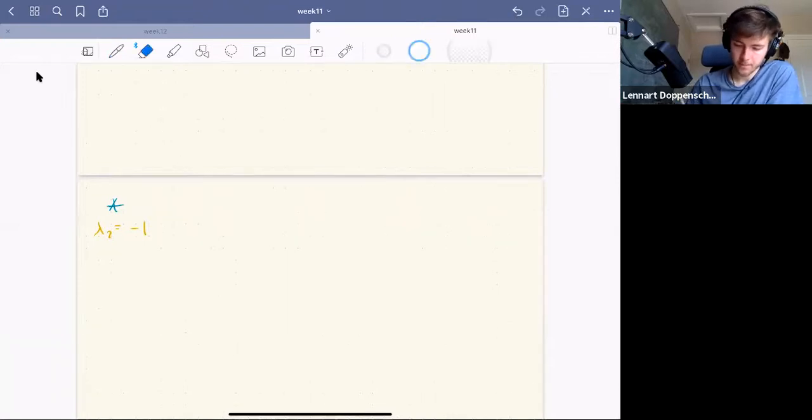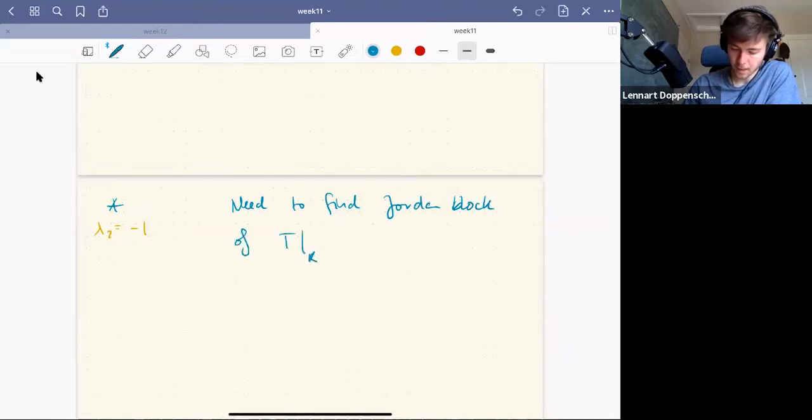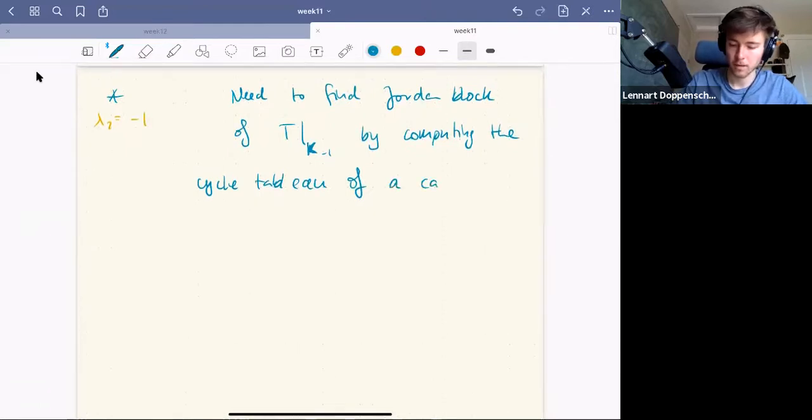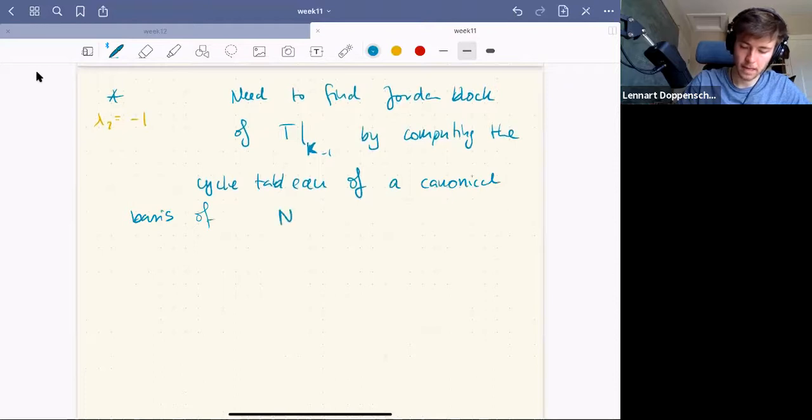Okay, so now we need to find the dimension of t restricted to k minus 1 by computing the cycle tableau of a canonical basis of n-1, which is t minus -1, so it's t plus 1I restricted to k minus 1.